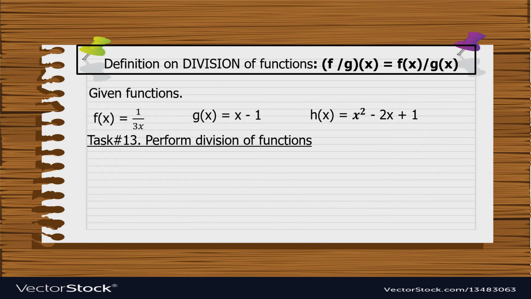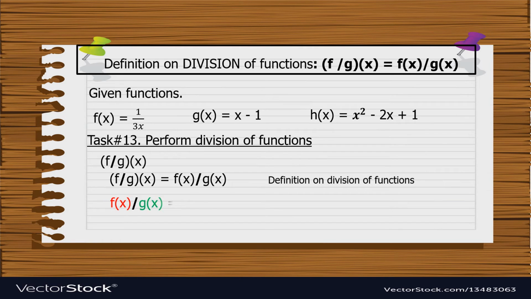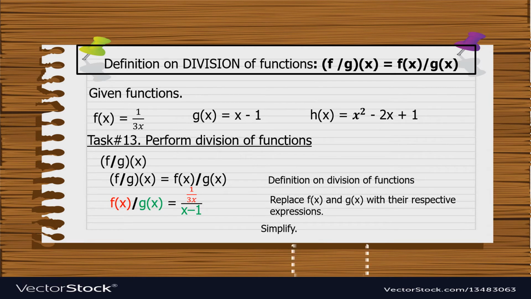For your task number 13, still on the division of functions, f over g of x equals f of x divided by g of x. F of x divided by g of x is equal to 1 over 3x all over x minus 1. To simplify, 1 over 3x times 1 over x minus 1.